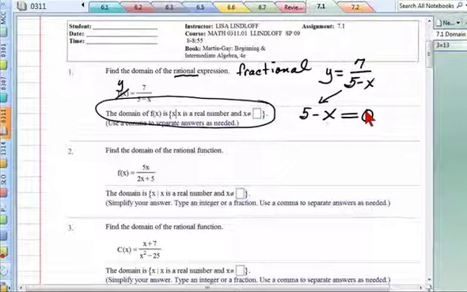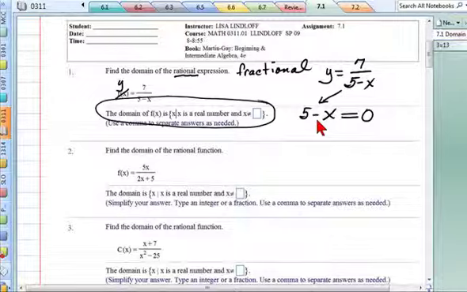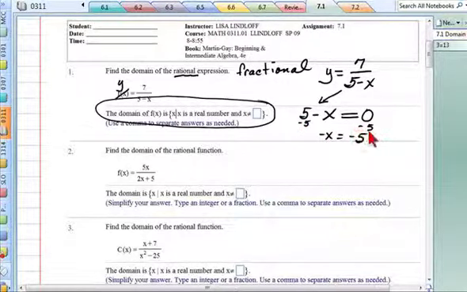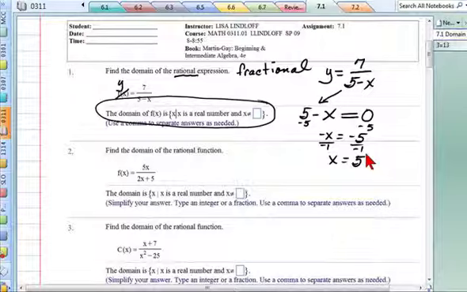That is a linear equation. So what should I do to solve for x? Okay, you could subtract 5 from both sides. I have negative x is equal to negative 5. I'm not quite through. What else do I need to do? Okay, I need to divide by negative 1, and x is equal to 5. What did I just find?